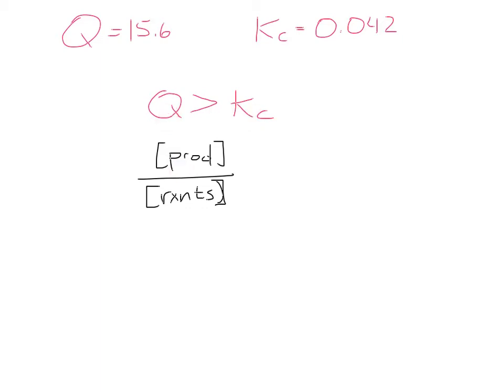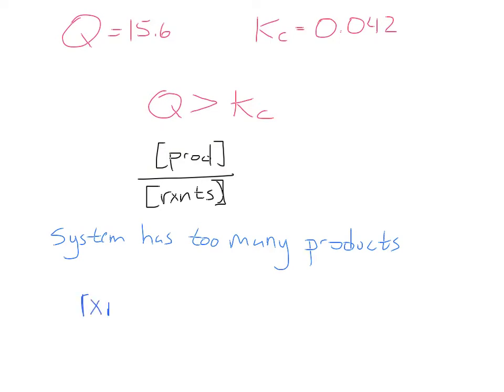Too many products, because more products is going to make Q bigger than Kc. In order for this system to reach equilibrium, it has to decrease the products and increase the reactants. What we'd say then is that the system has to proceed or shift to the left.